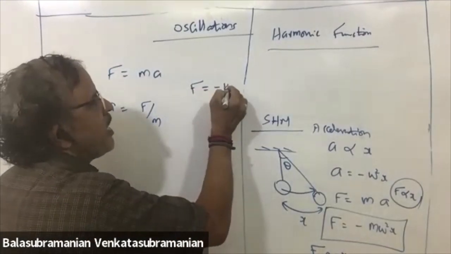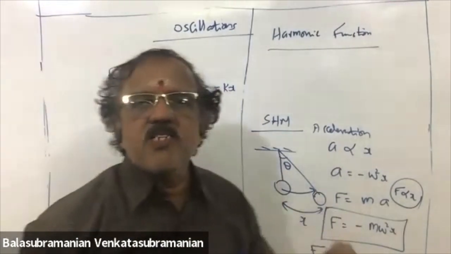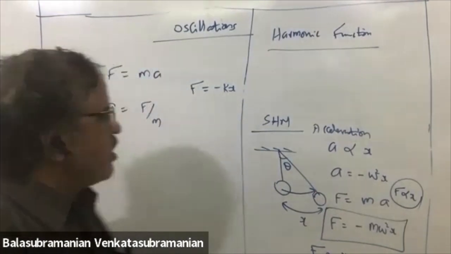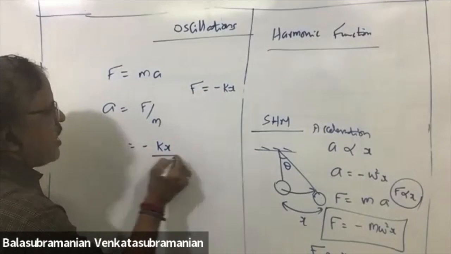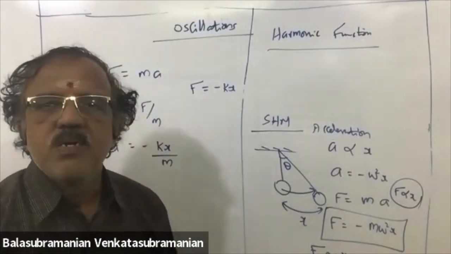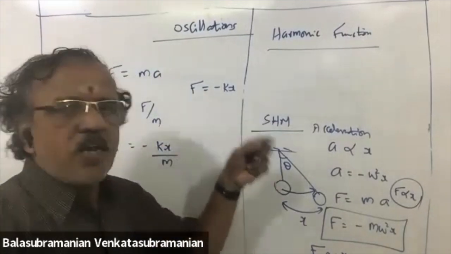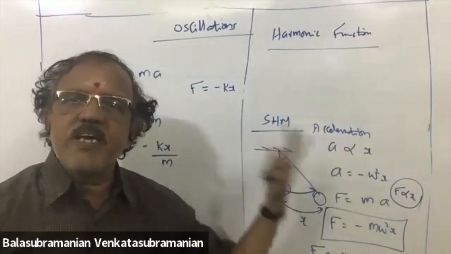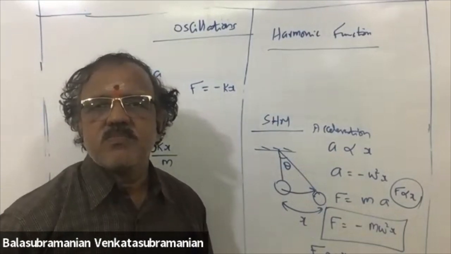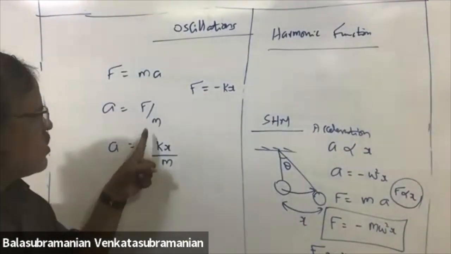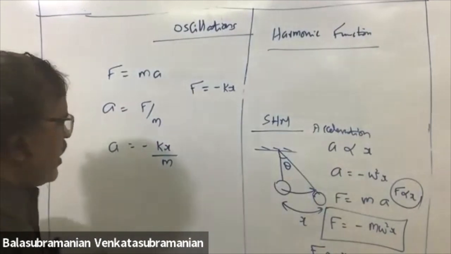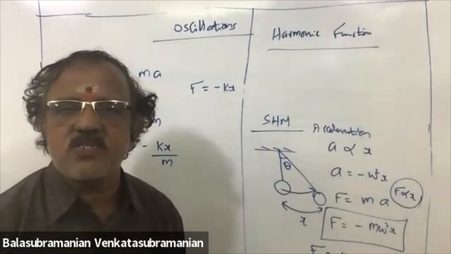F is equal to minus kx, where k is called force constant, or spring constant if you are using a spring. In that case, you can write acceleration as minus kx by m. This is also acceleration, and a is equal to minus omega square x.